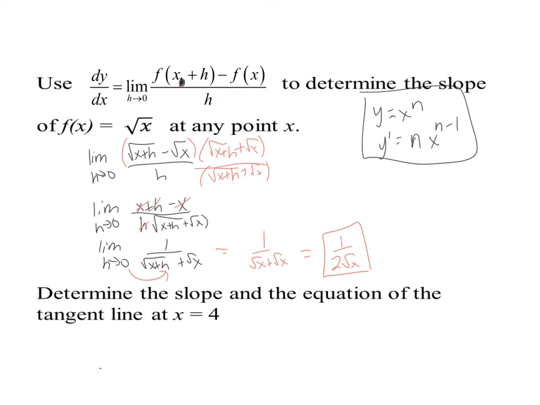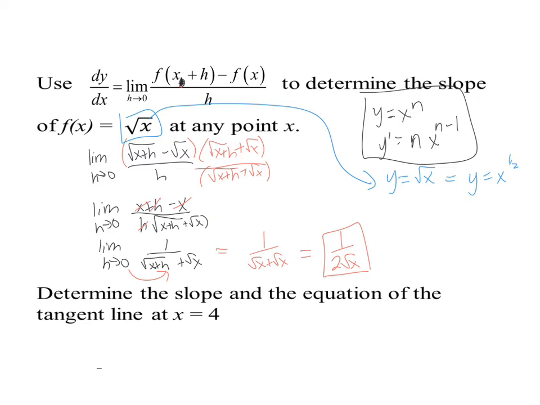It doesn't look like it because we don't have this n minus 1 idea, but let's see if we could apply it a different way. If we took that original equation and rewrite it, instead of writing it as the square root of x, as y = x^(1/2), we might be okay.